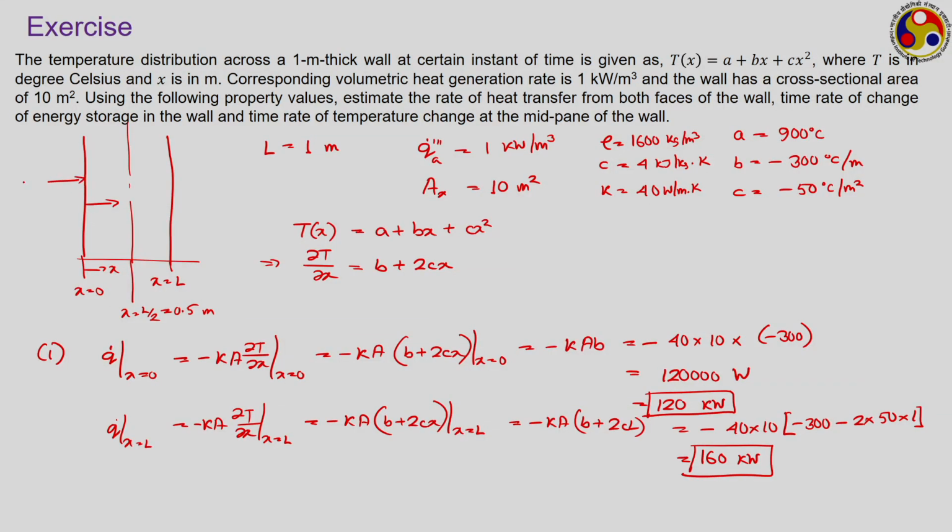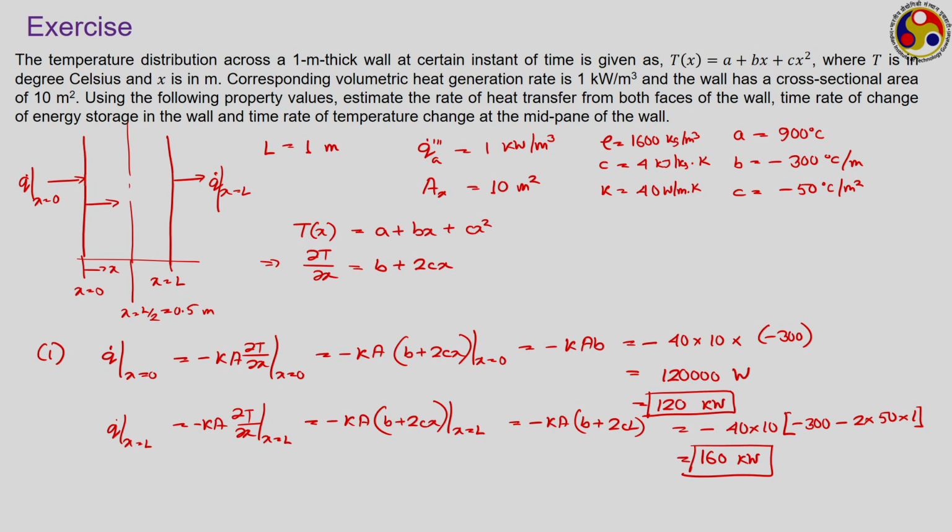So this is your q dot at x equal to 0, this is the direction; and for x equal to L, this is the direction. So 120 kilowatt of heat is entering through x equal to 0 via conduction, and 160 kilowatt is leaving by conduction through the other face.